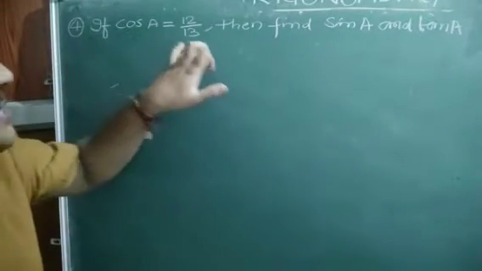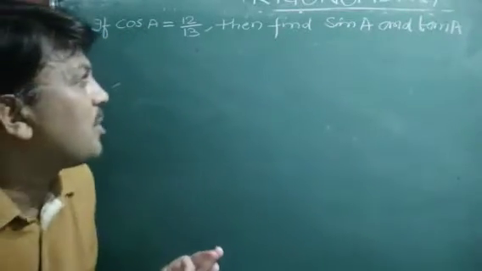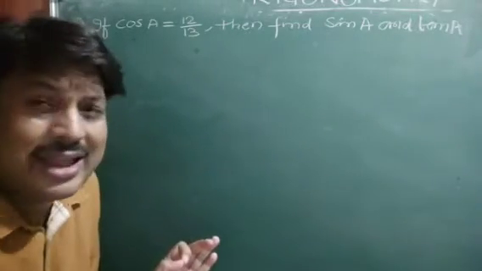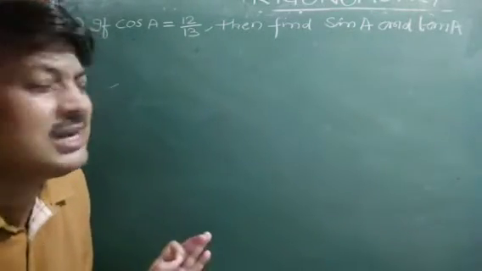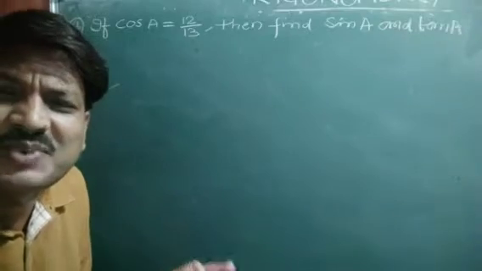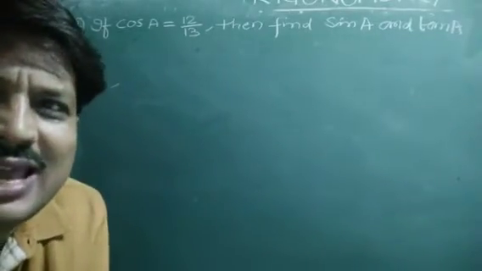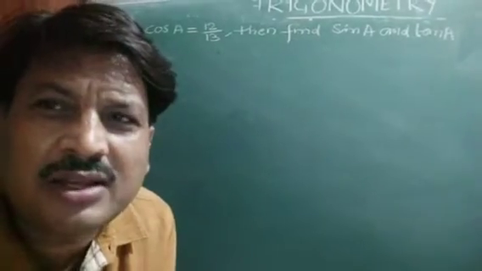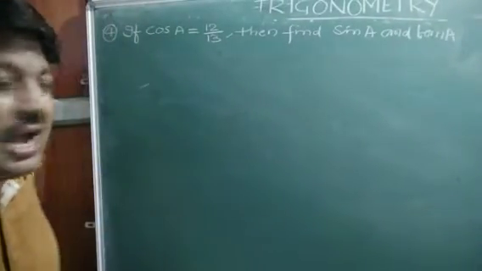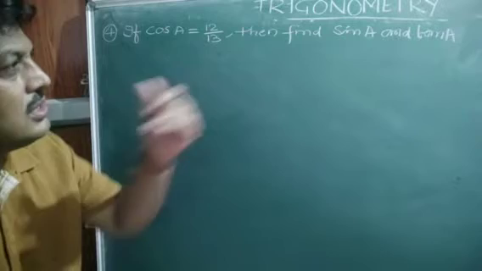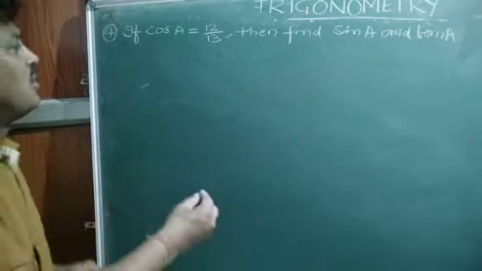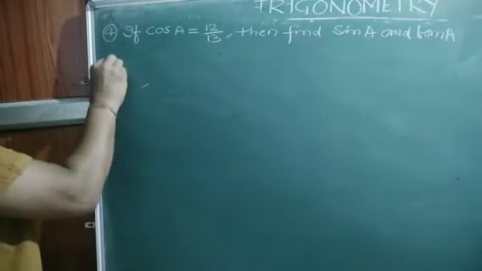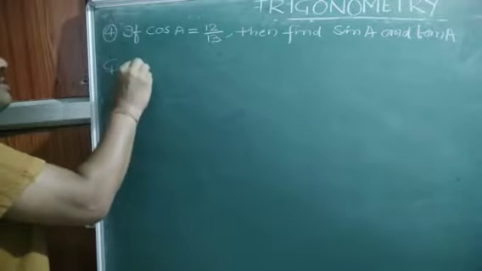If cos A is equal to 12 upon 13, then find sin A and tan A. It's a very simple question, children. What does it say? If the cos A value is given, children, and you have to find out what? Sin A and tan A. So first of all, what is given, children?